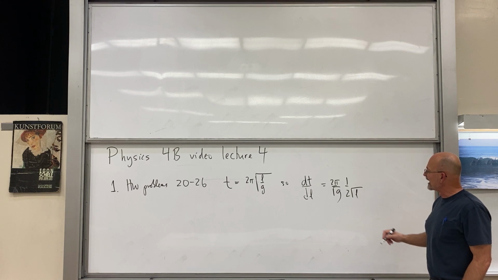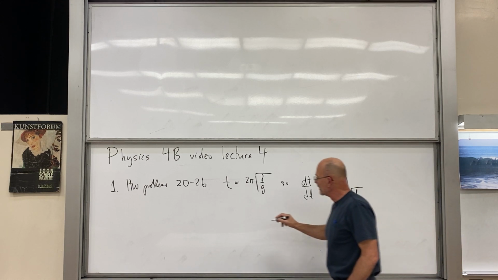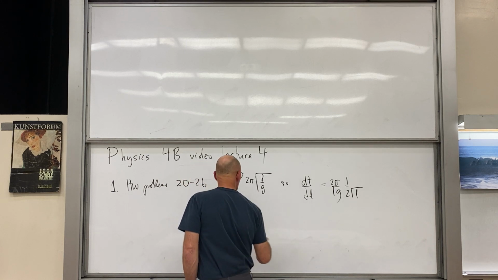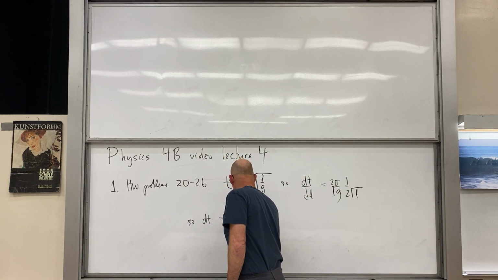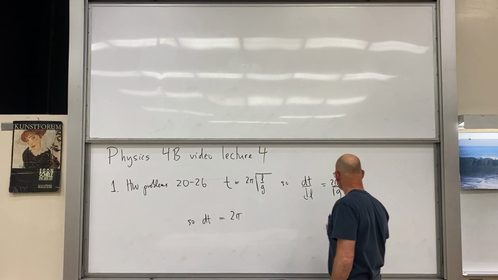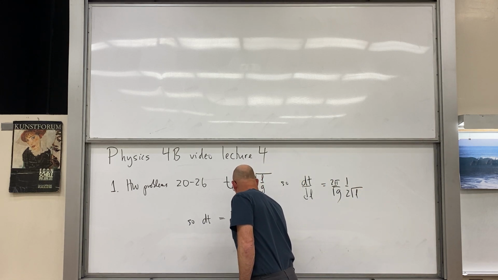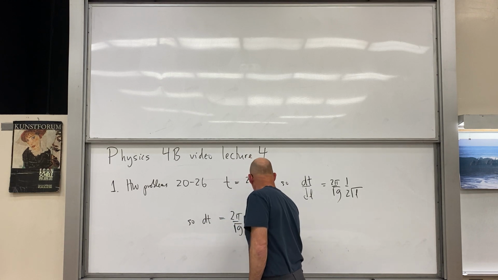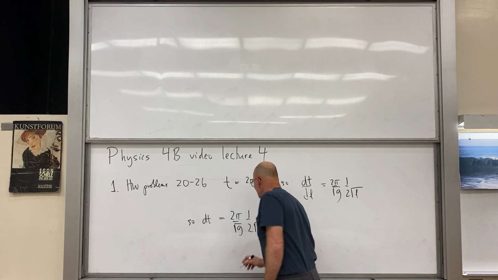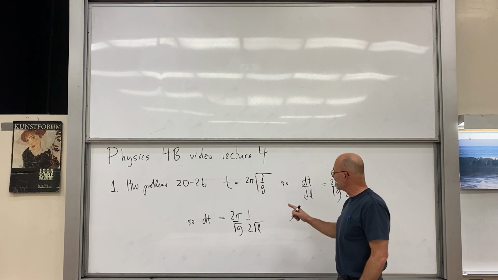Now let's go ahead and arrange this. So dT is equal to 2 pi over root g, 1/2 root L. Now let's go ahead and put the dL in.